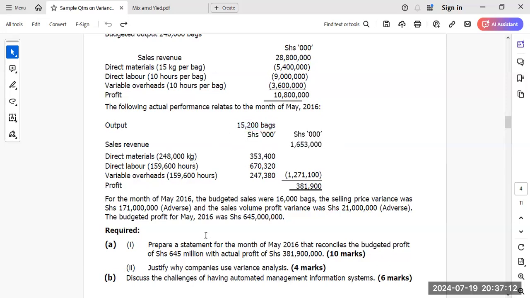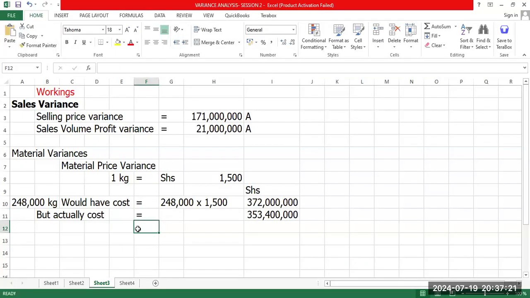So what you will do is to compare. Do you have an adverse variance? Your variance, is it adverse or favorable?